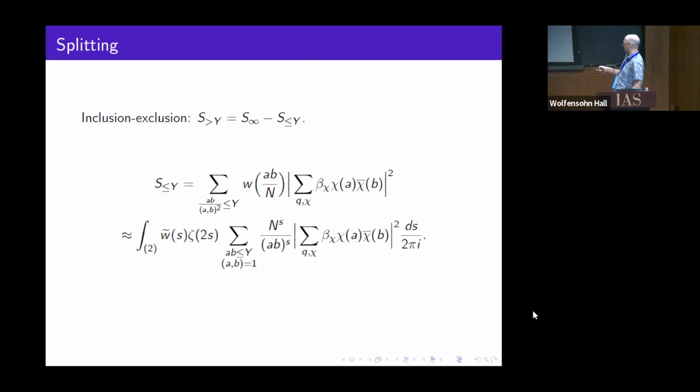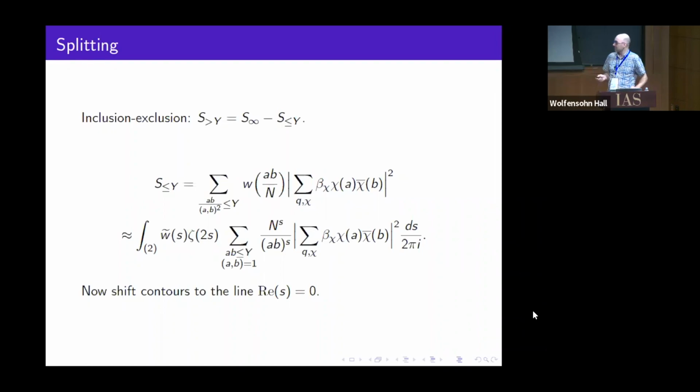That's where this zeta of 2s comes from. And then what's left over, you still have the GCD as 1, and then you truncate it at y now. So now you've shortened that sum. So we've chopped it off at y, but we've made a new zeta. And so now the idea is let's shift contours to the left. That should be the right direction to go in, because we want n to the s to be small in absolute value.